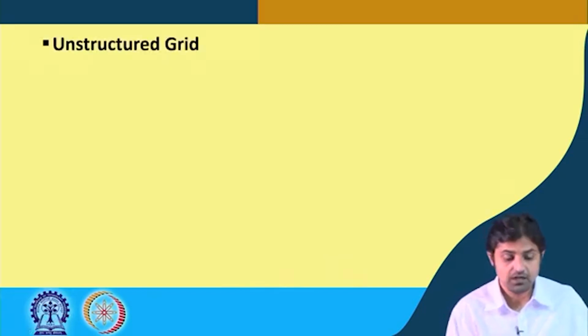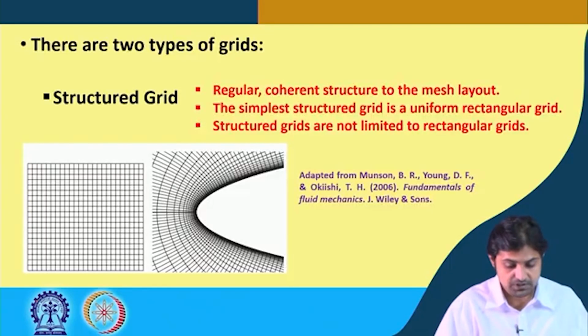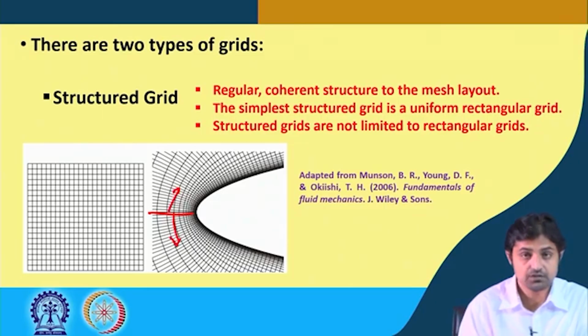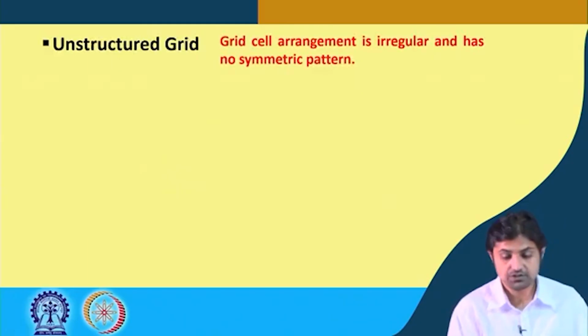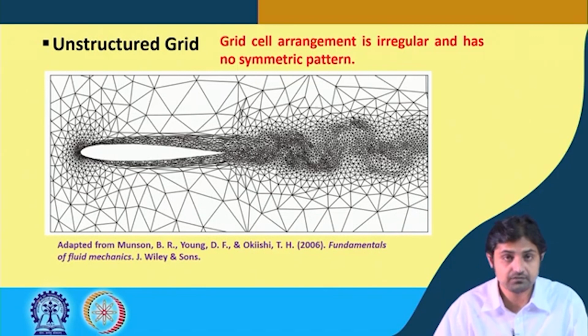The second one are the unstructured grids. So the grid cell arrangement is irregular and has no symmetric pattern. If you see in the last one, there was a symmetry pattern here. If you consider this one, you see symmetry across this, and here it is completely symmetric. In the unstructured grids, the cell arrangement is irregular and has no symmetric pattern, something like this.